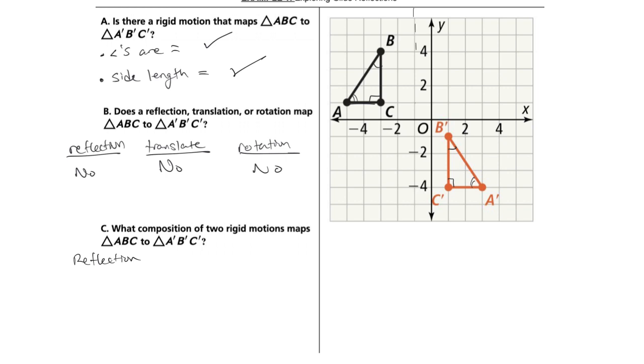Halfway between would be this line here, which is the x = -1 line. So let's try a reflection over x = -1, and let's just call this line K. Okay, line K. So if we reflect over that, we'd have our C here, our B here, and our A here.